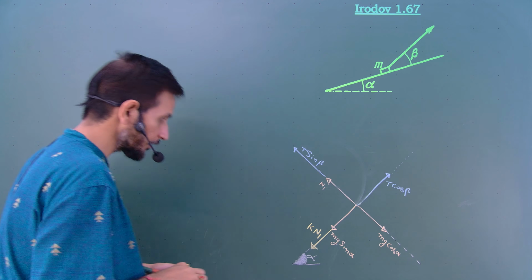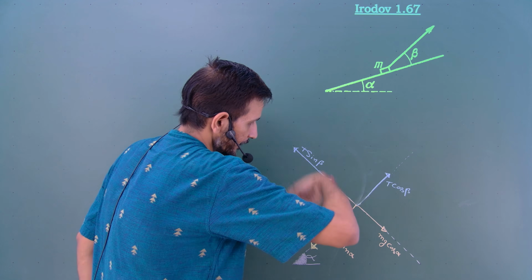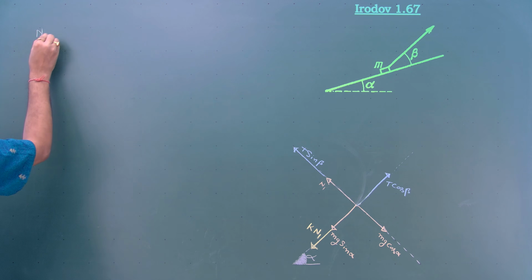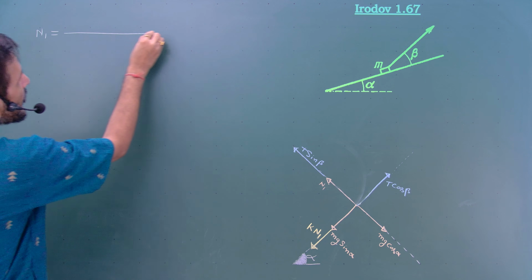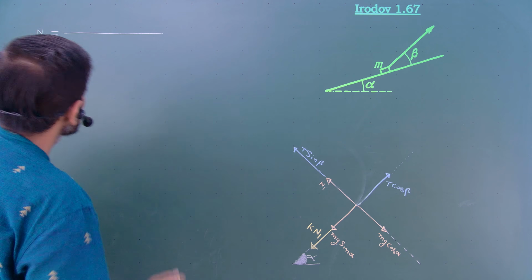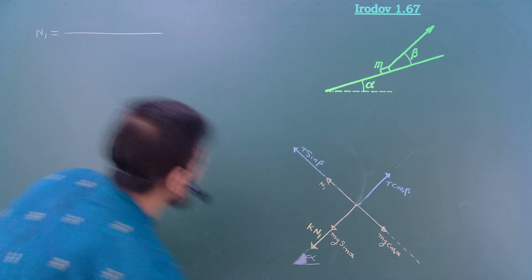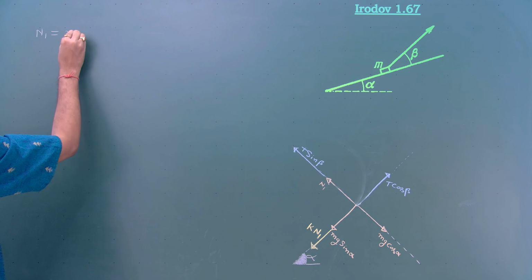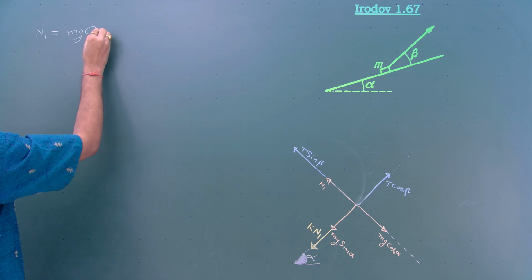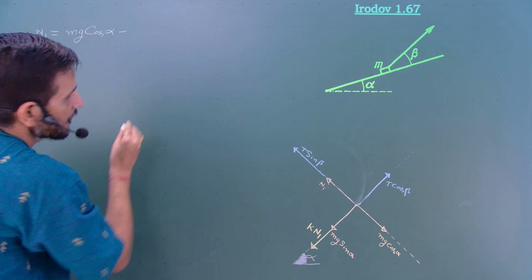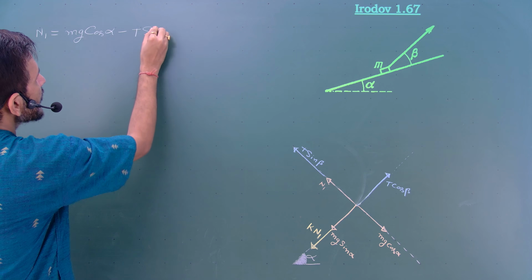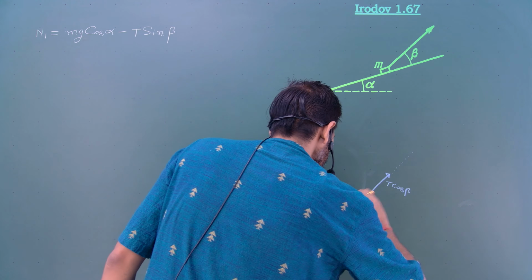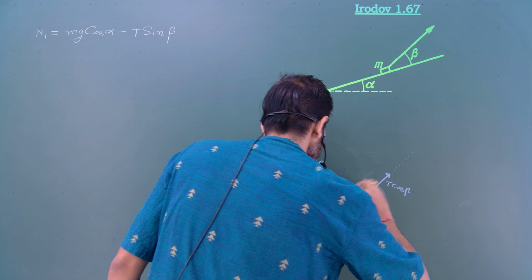So now from this diagram, first I have to calculate value of N1. So N1 must be equal to mg cos alpha minus T sin beta. Okay, now let me say that the acceleration is a.